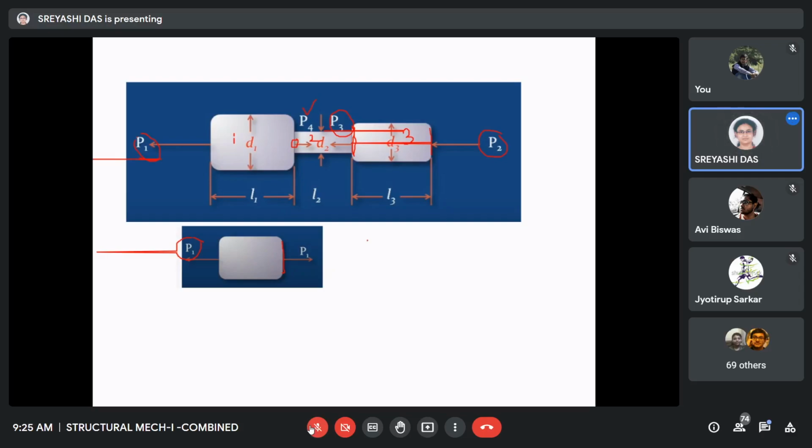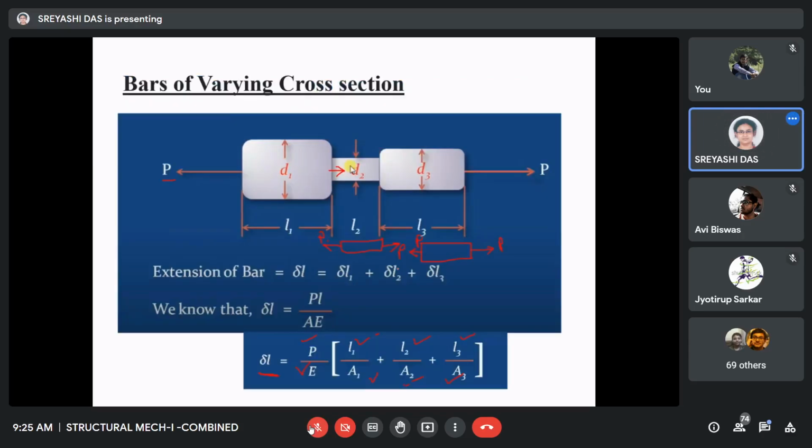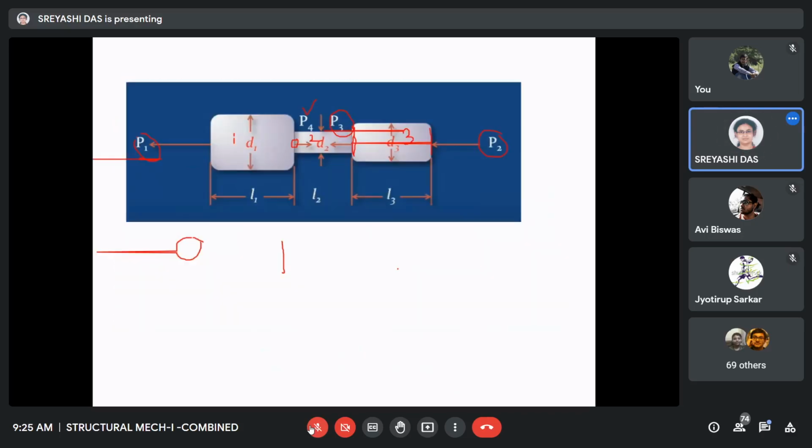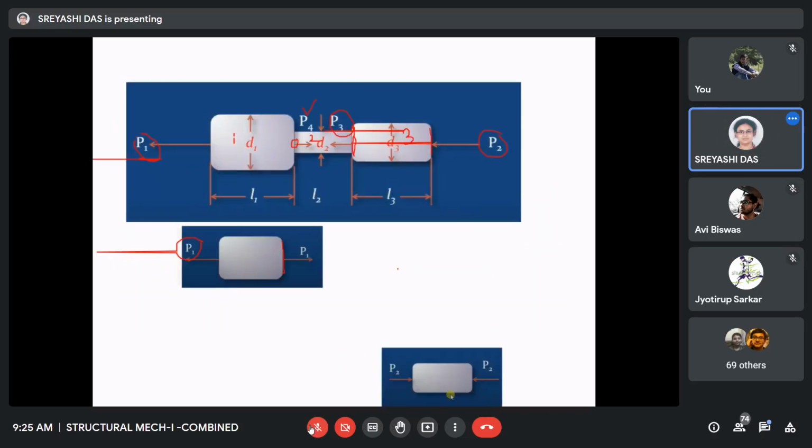Okay. Now if we draw the free body diagram of the second part of L2 length, what will be the load there? I have drawn here the left part first and the right part.